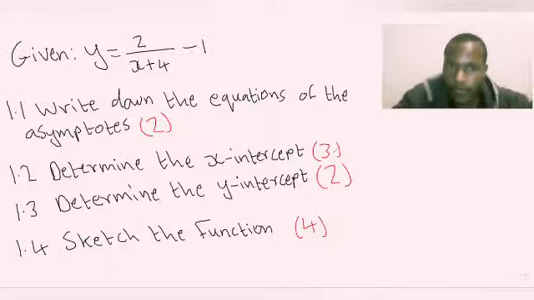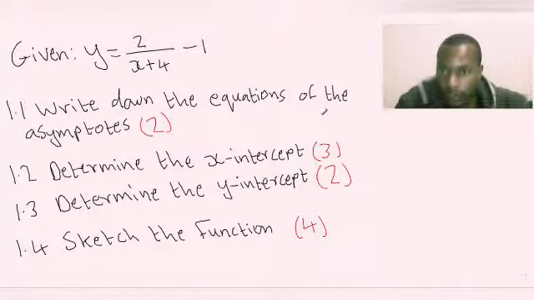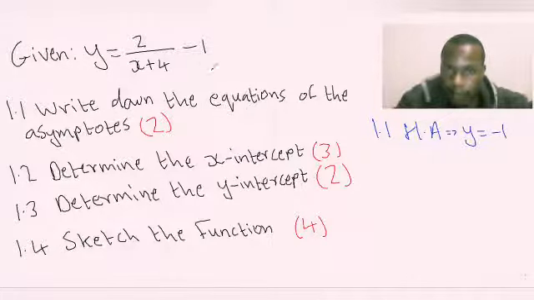Again, as we deduced on the previous page, the asymptotes would be the horizontal asymptote. That would be 1.1 over there. I'll just write it as HA, which would just be y equals negative 1. So in this function, y cannot equal negative 1.